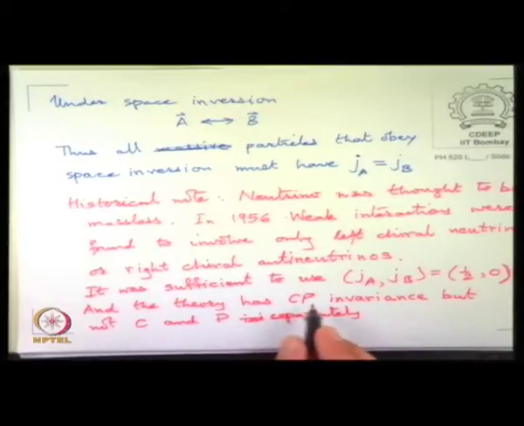So if you perform a P transformation, you will get a right chiral neutrino, but then you should do a charge conjugation as well and make it into an antineutrino, then the physics would be fine. That is what is observed in nature. So it was claimed that this is still true. Till date it is true, although the neutrinos are massive. The weak interactions are only CP invariant and not P or C invariant.